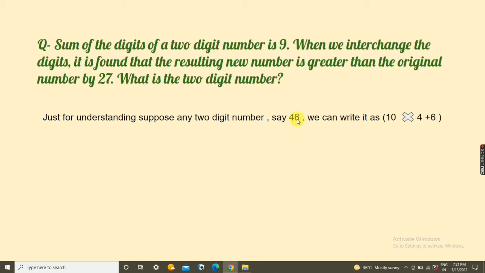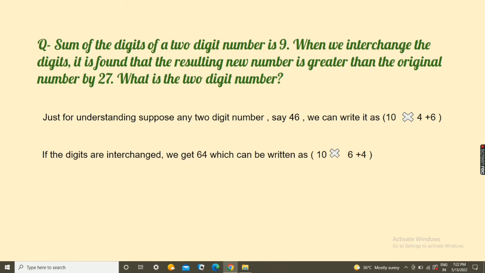Here 6 is at the 1's place and 4 is at the 10's place. So we can write it as 10 into 4 plus 6, which becomes 46. Now, if we interchange these digits, it would become 64, and we would write it as 10 into 6 plus 4.